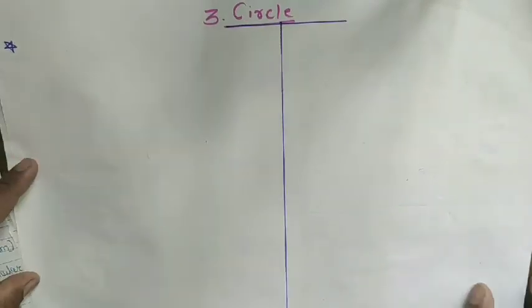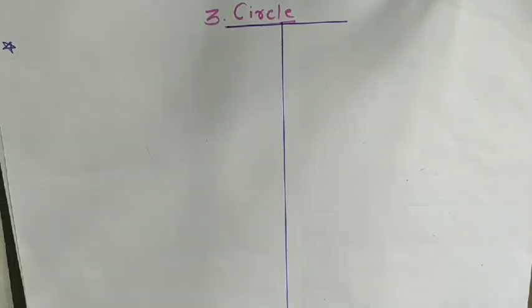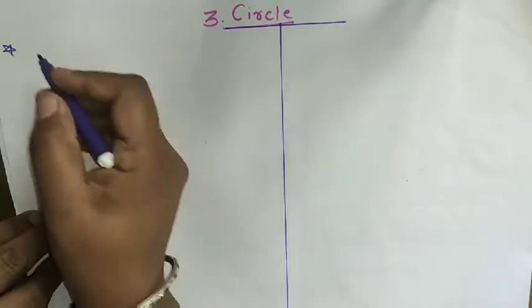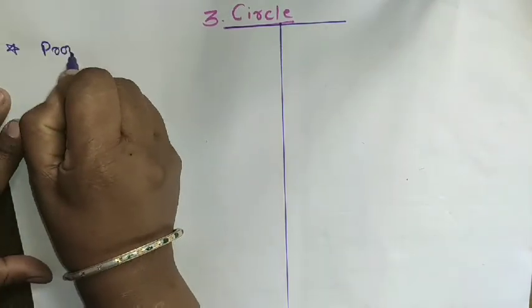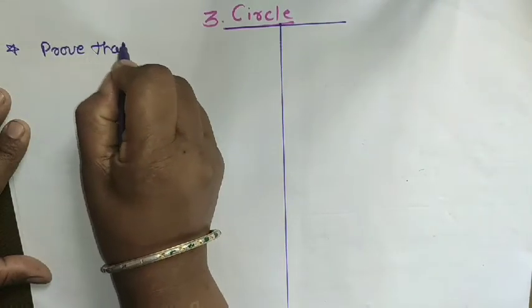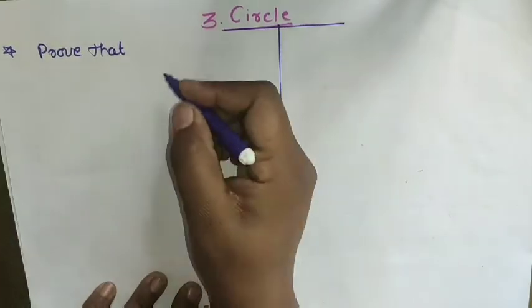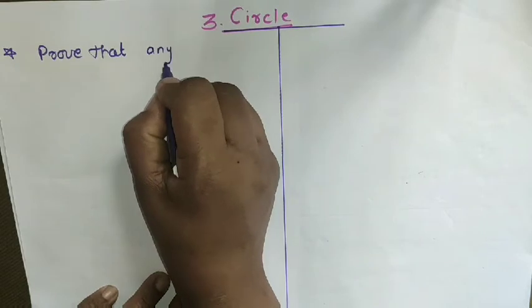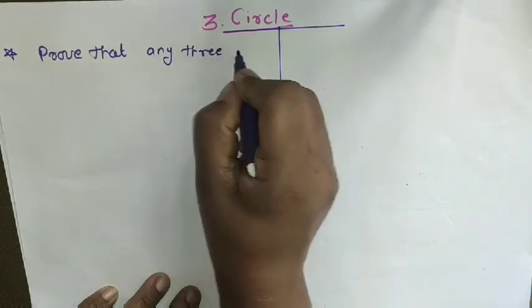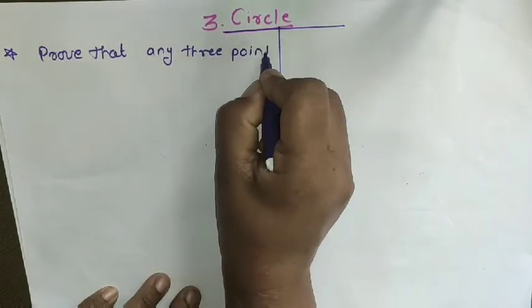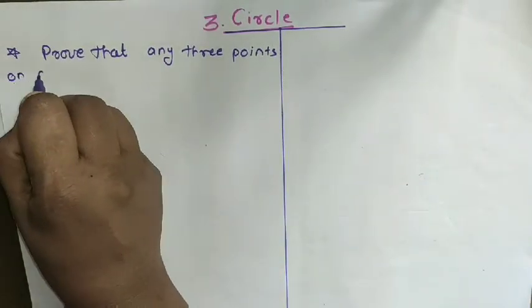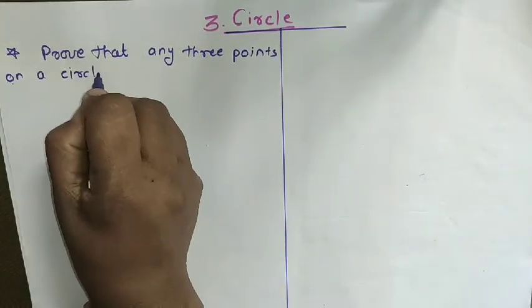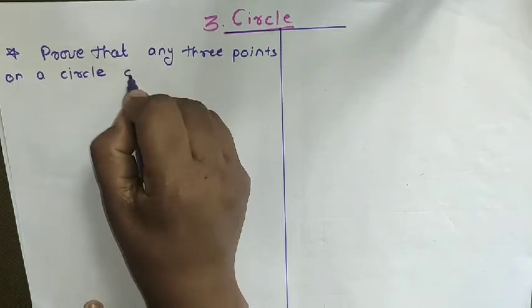Okay, so circle lesson question number 12 is: prove that any 3 points on a circle cannot be collinear.